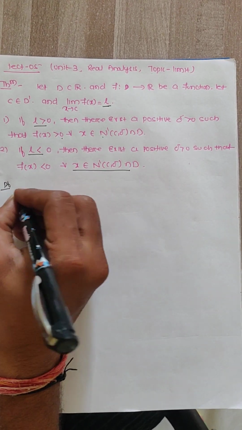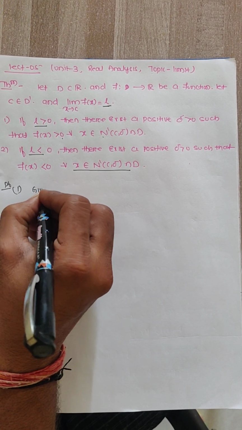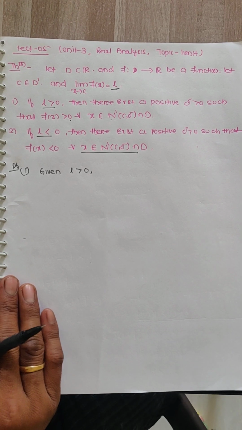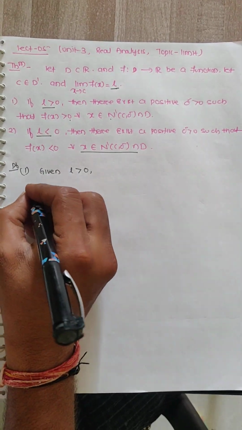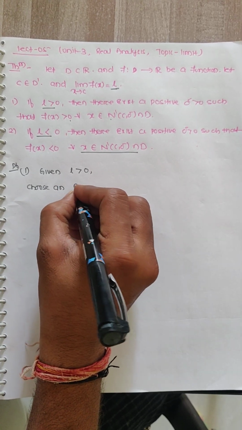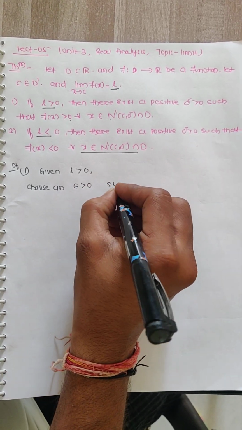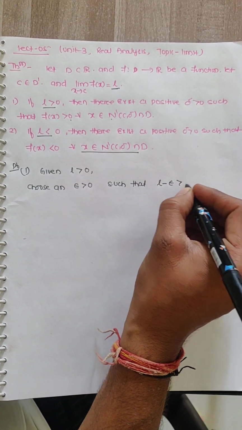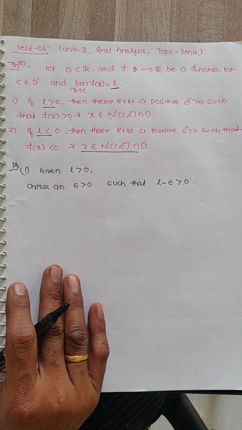First, given L is positive. So I choose an epsilon greater than 0 such that L minus epsilon is still positive, and I can find that epsilon.